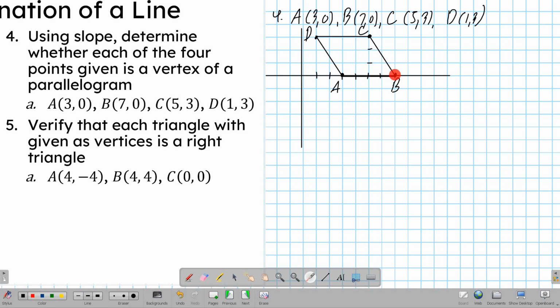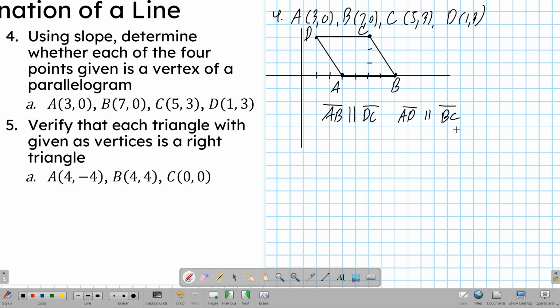Notice it's A, B, C, D. If it's a parallelogram, the opposite pairs are parallel. Therefore, we have to check if line segment AB is parallel to line segment DC, and if line segment AD is parallel to line segment BC.